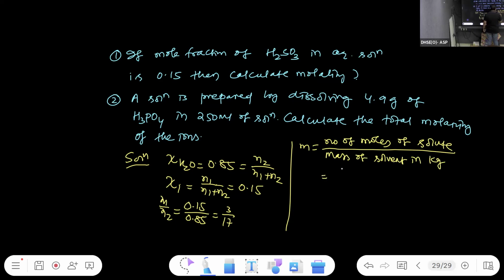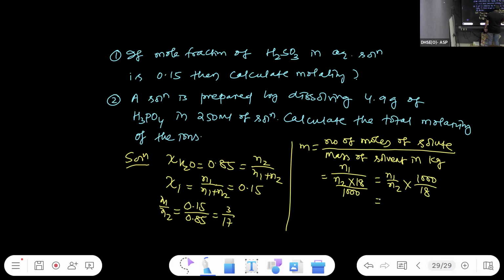So number of moles of solute is N1, divided by mass of solvent. So number of moles of the solvent into molar mass 18 in kg, divided by 1000. So N1 divided by N2 into 1000 by 18.